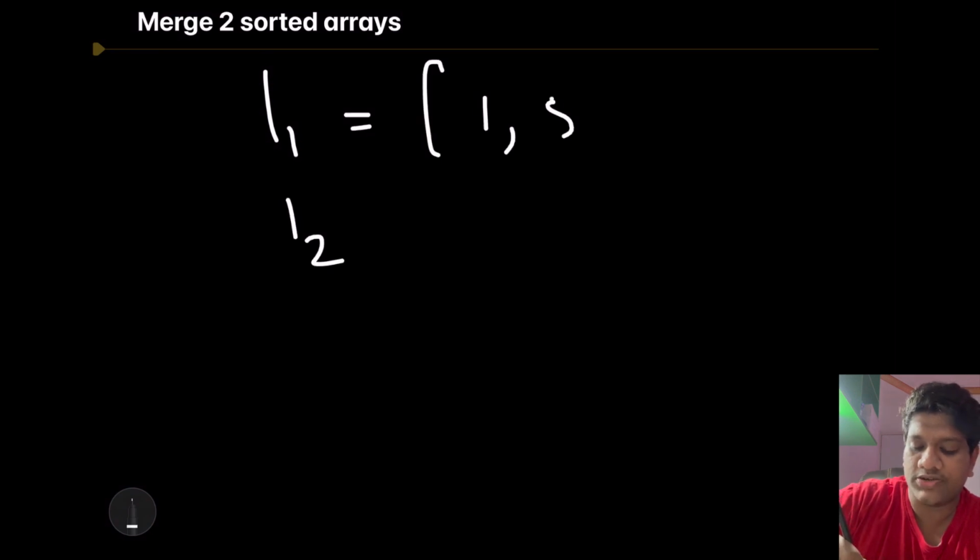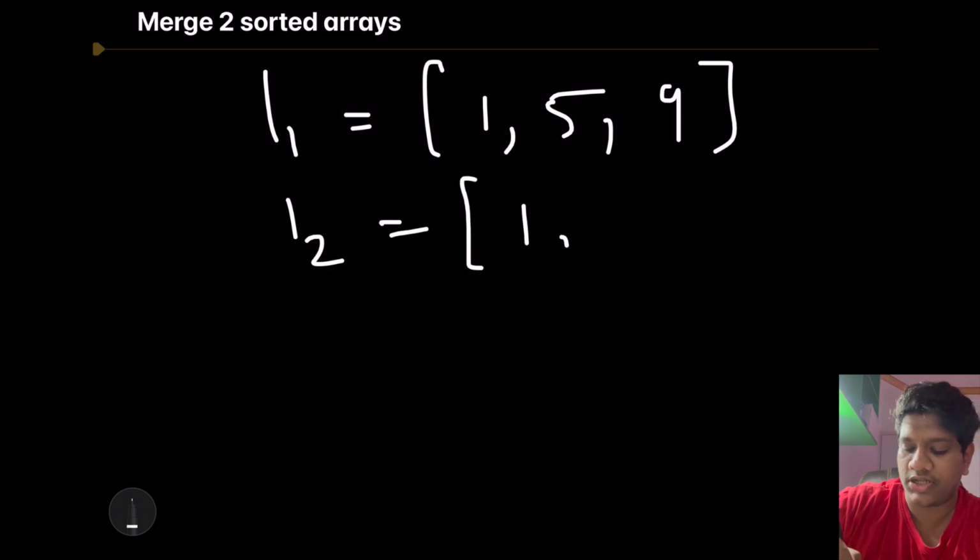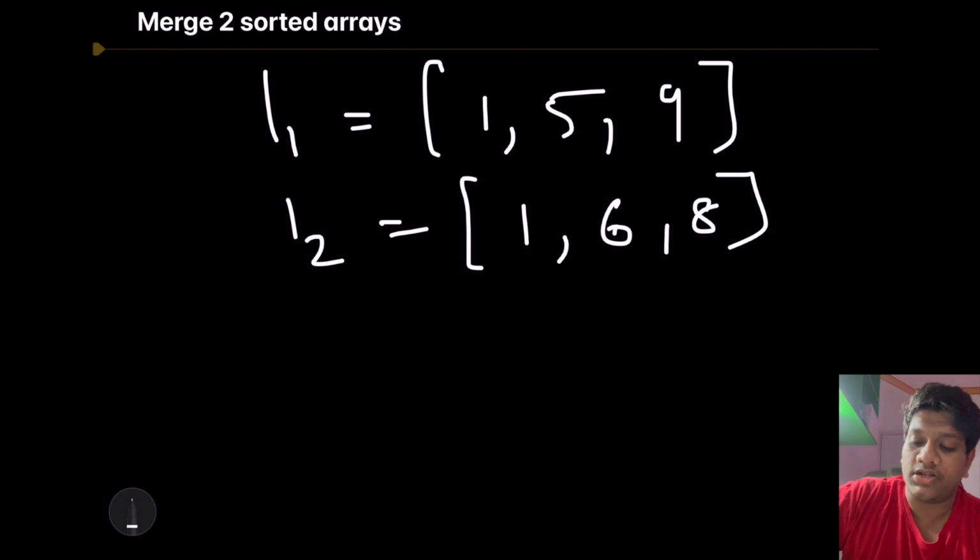We have been given two arrays, let's say L1 and L2. The first one is, let's say, 1 5 9, and the next one, let's take it as 1 6 8, and the length of the first array is n and the length of the second array is m.